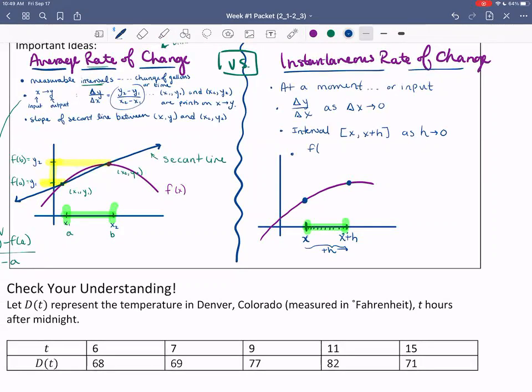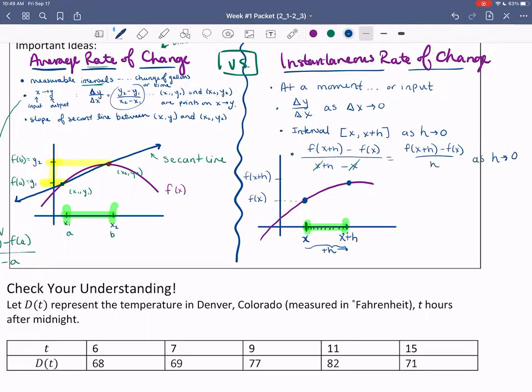The outputs here would be f of x plus h and f of x. So the change of output, f of x plus h minus f of x, over our inputs, x plus h minus x. That simplifies to f of x plus h minus f of x. And what's lovely here, on the denominator the x's cancel, so we just have h in the denominator. And then we look at this as h goes to 0.